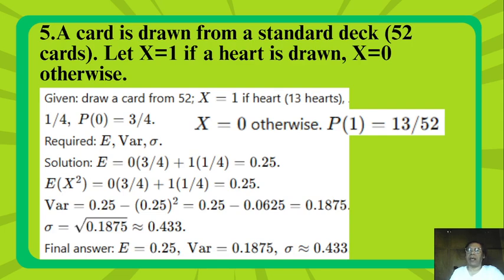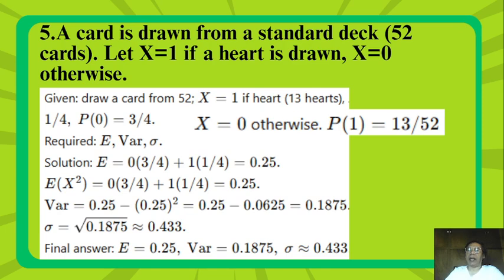So we're given, draw a card from 52 and x equal to 1 if hearts. There are 13 hearts, so the probability of x = 1 is equal to 13 over 52, which is 1/4.